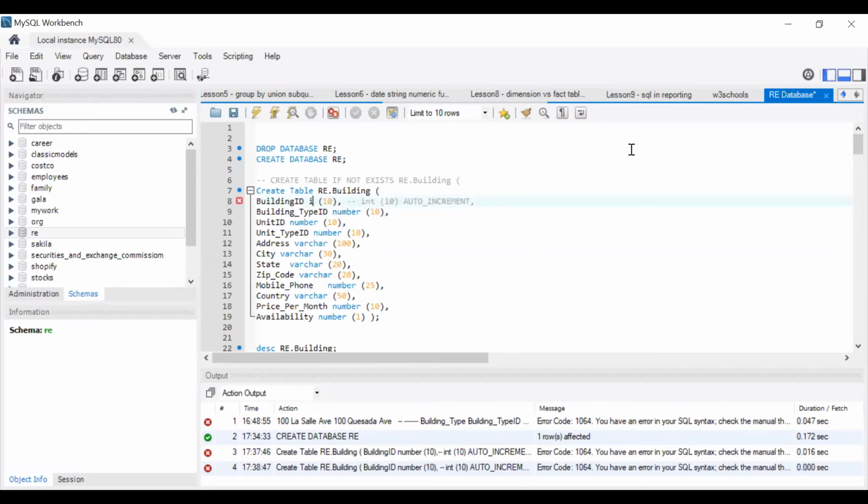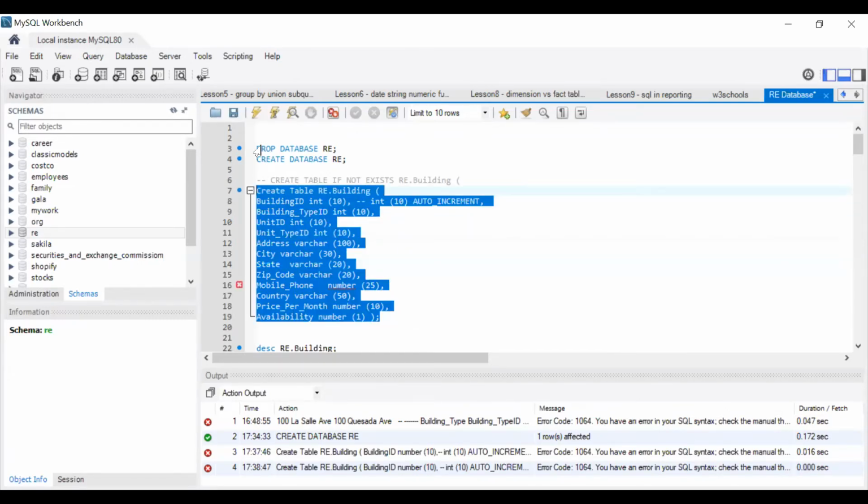How about integer? And I think any ID is an integer. See, I forgot this part. Let's try it.